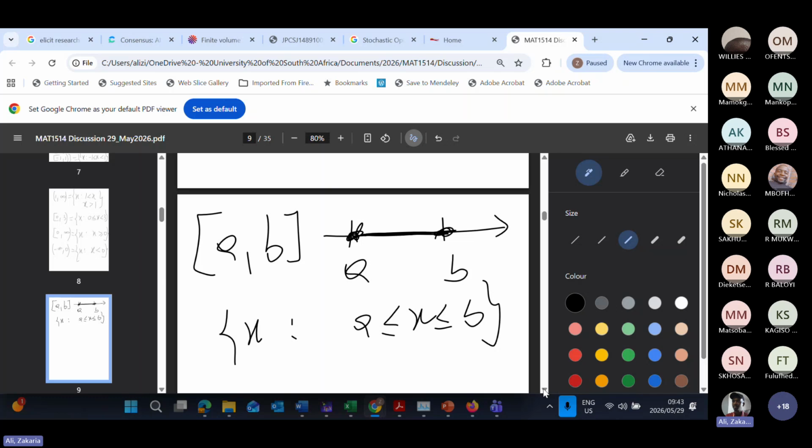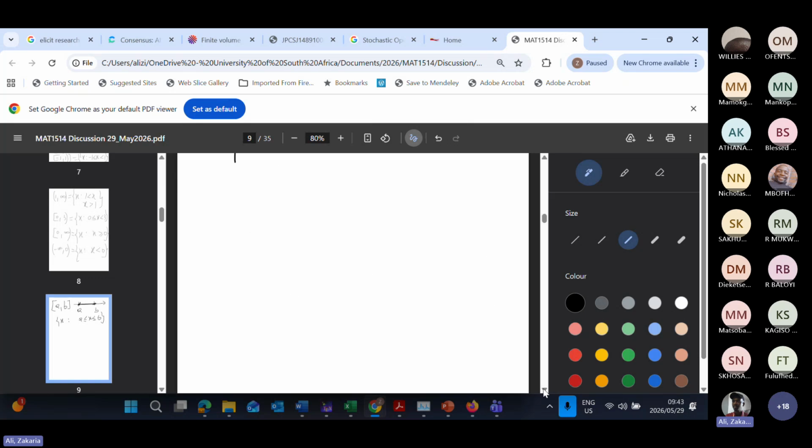Because now, based on this, we should be able to define what a piecewise defined function is. And not only that, if someone gives you a graph, just from the graph you should be able to determine things.